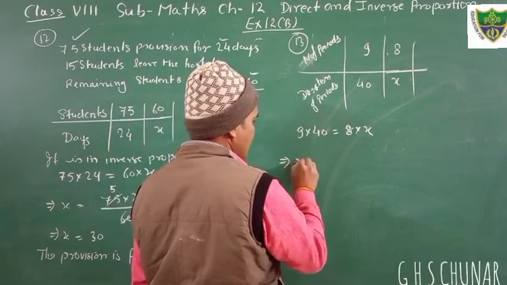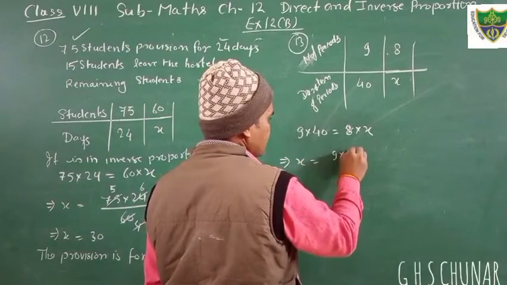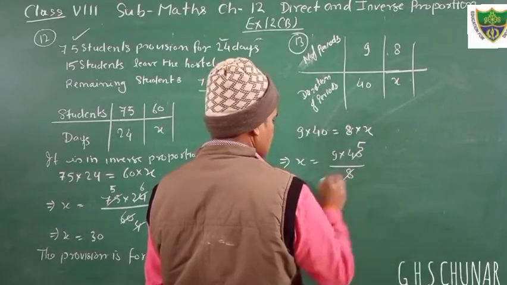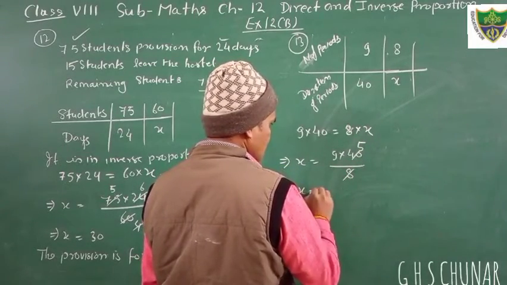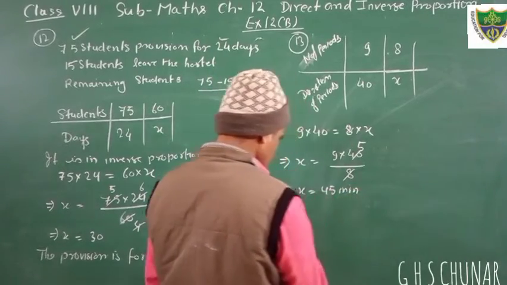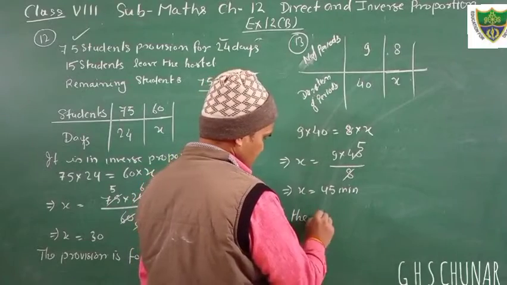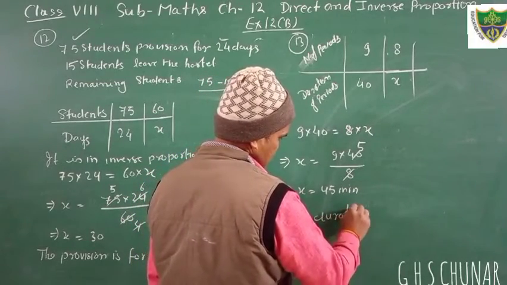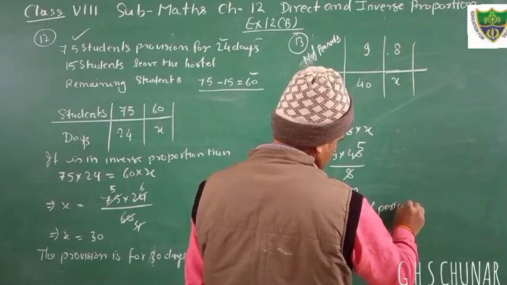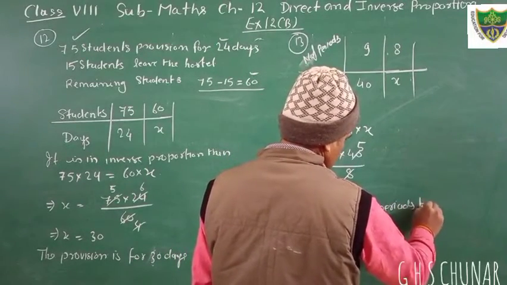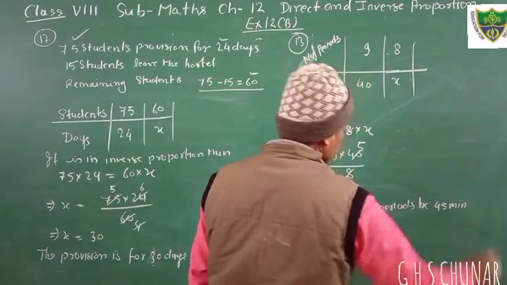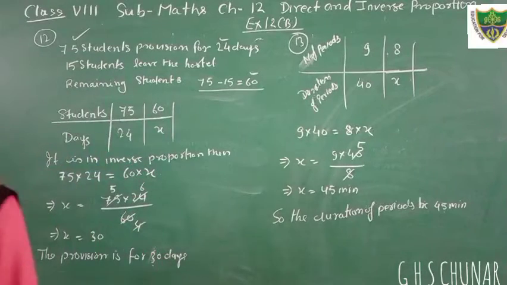This implies x is equal to 9 into 40 upon 8, so x is equal to 45 minutes. So the duration of each period will be 45 minutes. You note it?